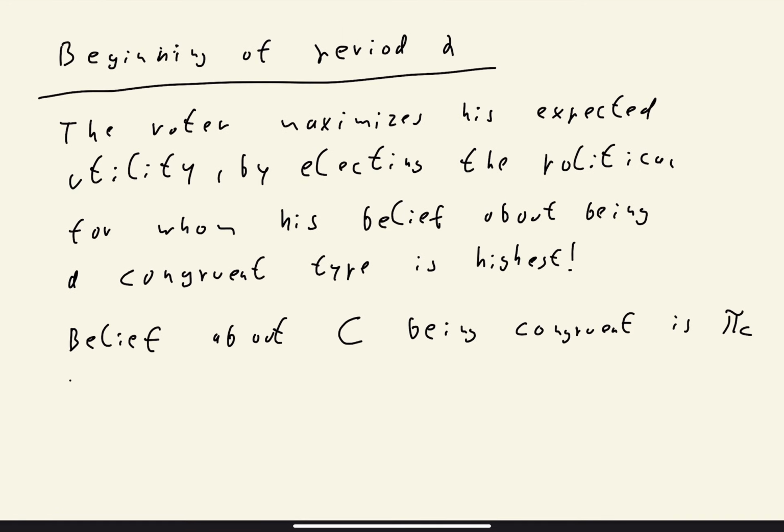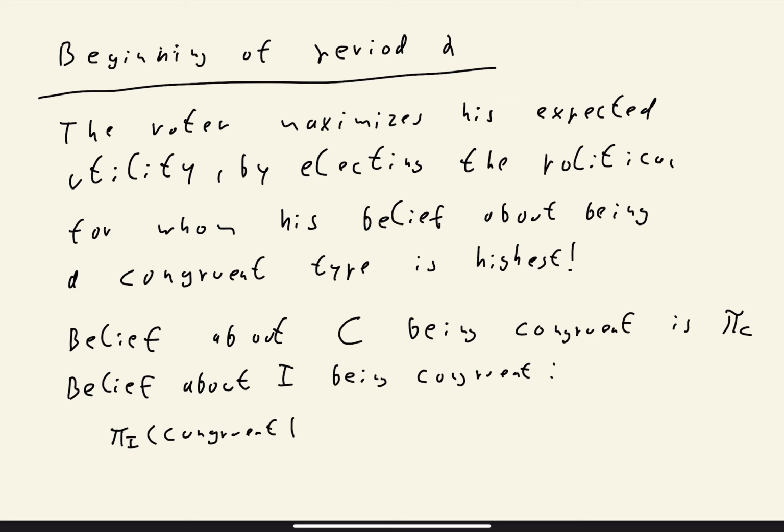And the belief about the incumbent being congruent is given by the following: pi I of congruent conditional on A, if A was chosen by the incumbent in period 1.